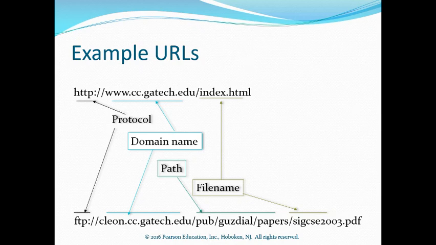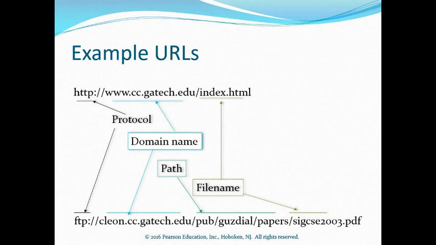As you can see on the bottom, similarly, if we were to use FTP, say we wanted to get this SIGCSE 2003 PDF about whatever it's about, we could actually use an FTP program like FileZilla, for example, and we could actually point to the protocol FTP, the domain name like we had before. There's the path, right, locally on that server, and then there's the file name, which is what we want to actually get.